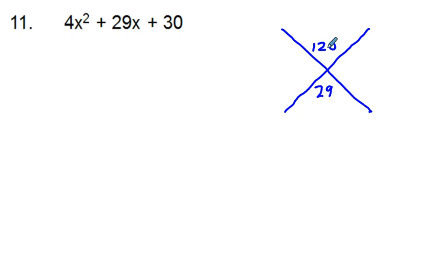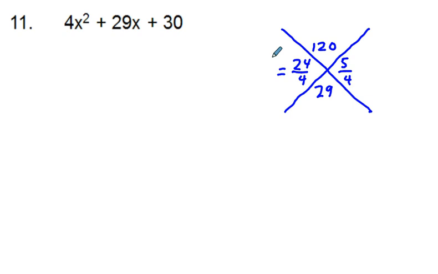It could be like 30 times 4, but that would add to 34. How about 24 times 5? 24 and 5 add up to 29. So 24 and 5, and we divide by A, which is 4.